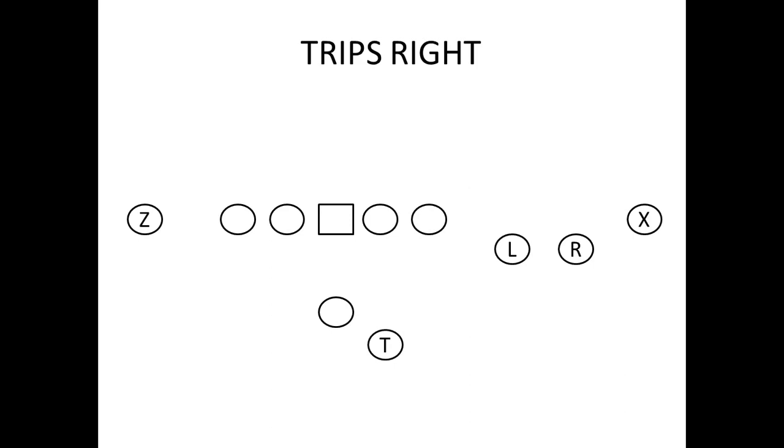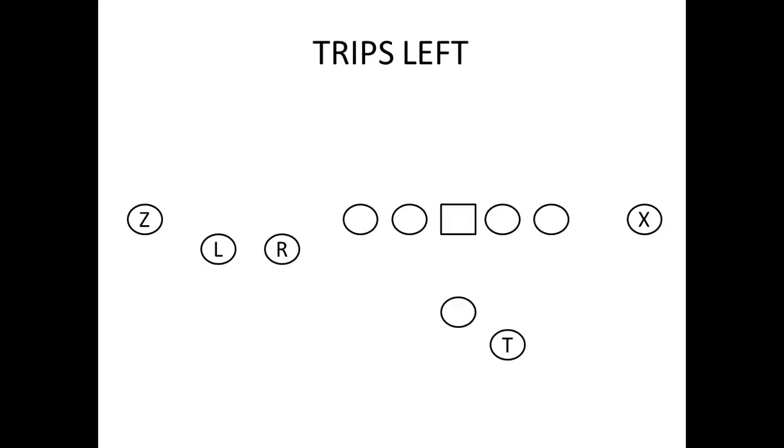Trips right. This is where it gets a little tricky. First couple times that we started doing this and we started calling out some plays with motions, as we were calling out R, 4, L, L3, and all those types of motions, they were okay. And then for some odd reason, when we go trips left, they switched their personnel for some reason.